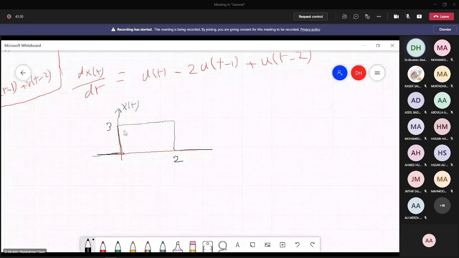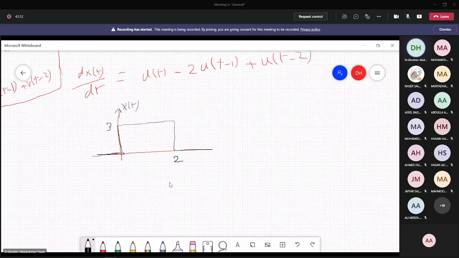It means that changing from one value to another value, then we need u. So then here we have u of t. And also here we have some value which is equal to 3. It changes to 0. Then we need another step function which is at 2.